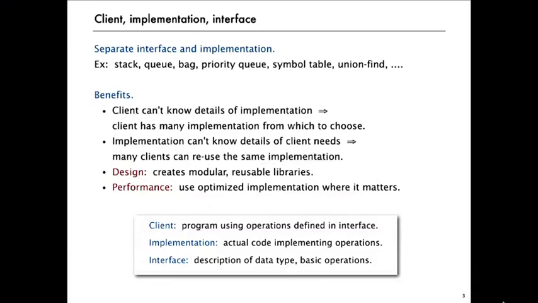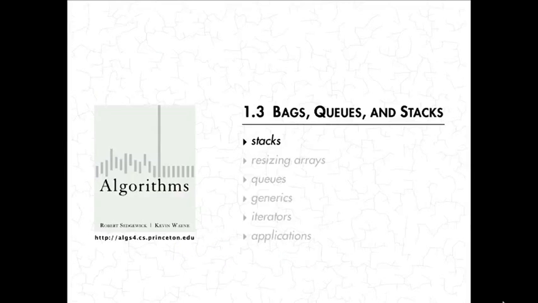So this allows us to create modular, reusable libraries of algorithms and data structures that we can use to build more complicated algorithms and data structures. It also allows us to focus on performance when appropriate. Again, this is a modular programming style that's enabled by object-oriented programming languages such as Java, and we'll be very disciplined in our use of this style.